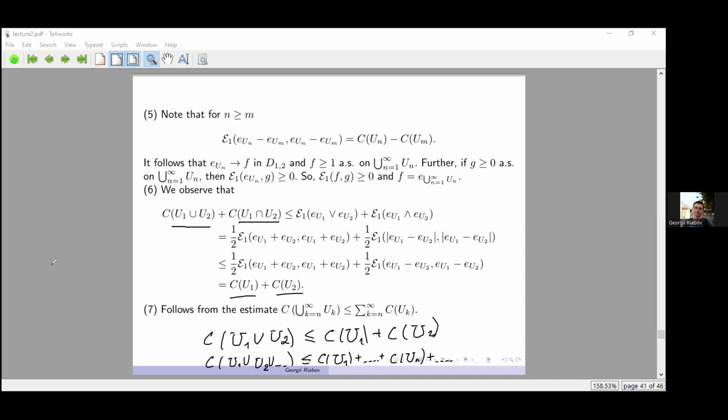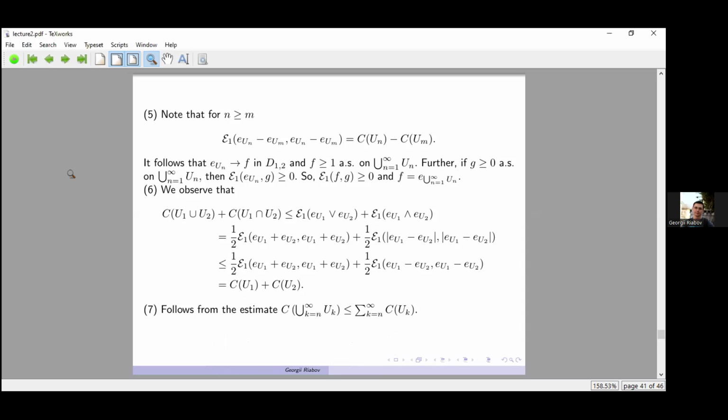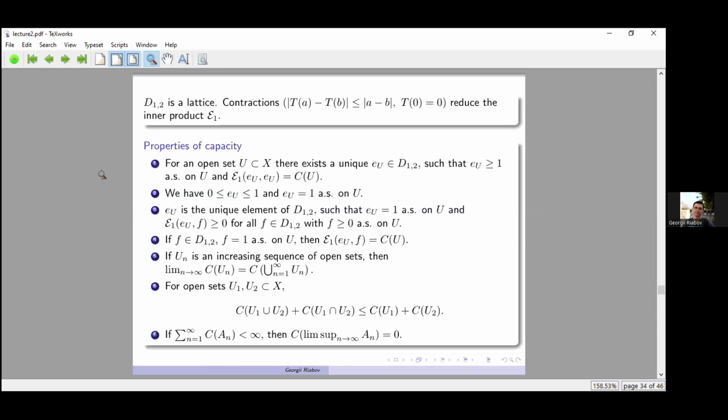Okay, and this sub-additivity allows us to prove a variant of the Borel-Cantelli lemma, which is property number 7. So if An is a sequence of sets such that the sum of capacities is finite, then the upper limit of this sequence has capacity 0.